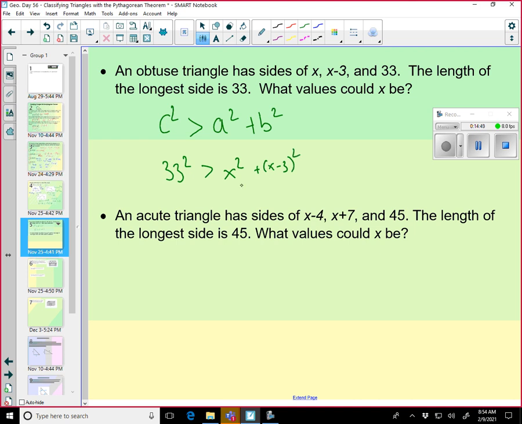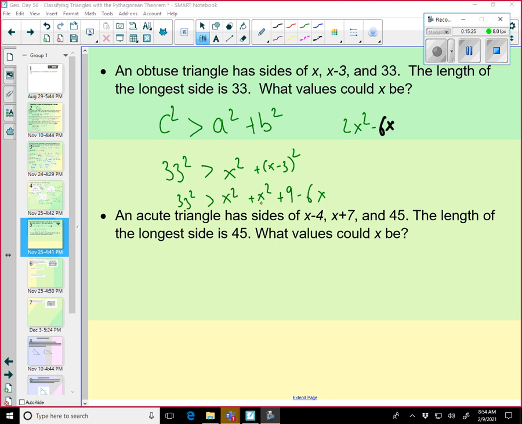So further, if I simplify, I get x square plus x square becomes 2x square minus 6x, and this was plus 9, and I'm subtracting.